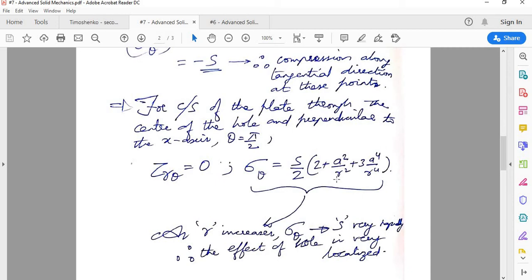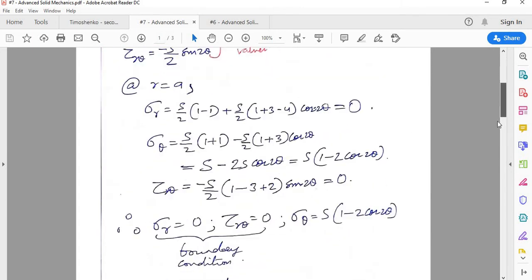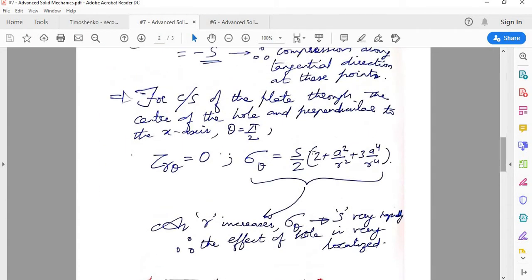As we said, the original expressions of the stresses derived are for an infinite plate, but to a great extent it is valid for finite plates as well, because when you increase the radius just a little bit, sigma theta will reduce drastically. If these expressions are 0, obviously sigma theta will be s, but these are not 0.